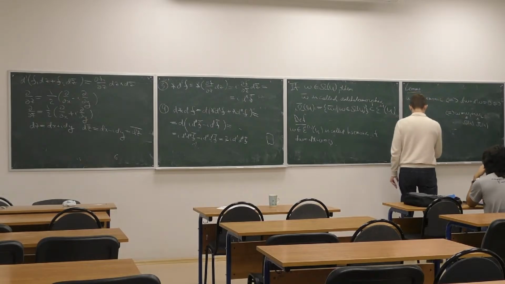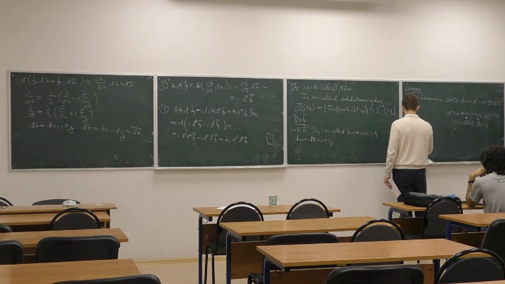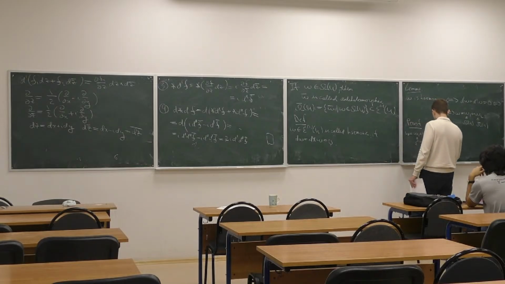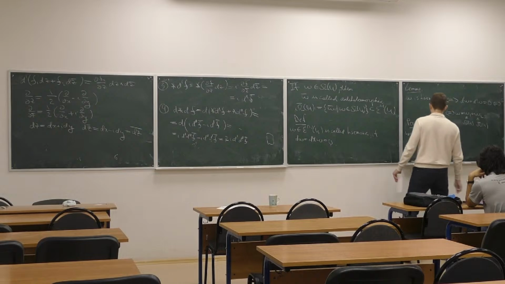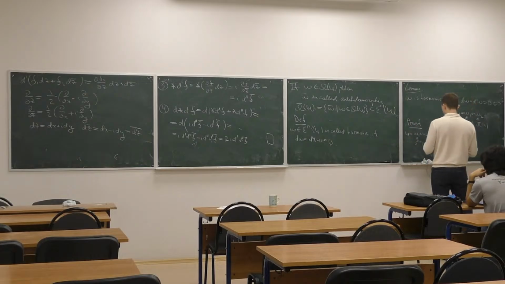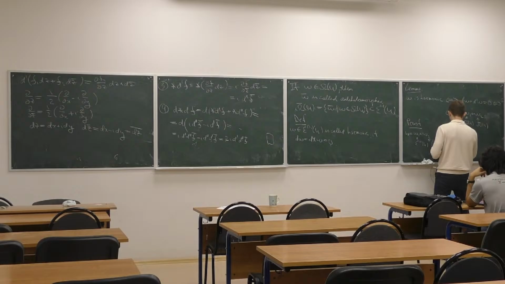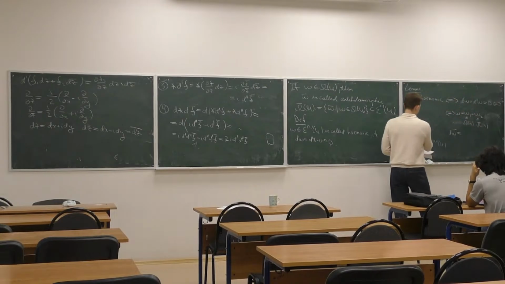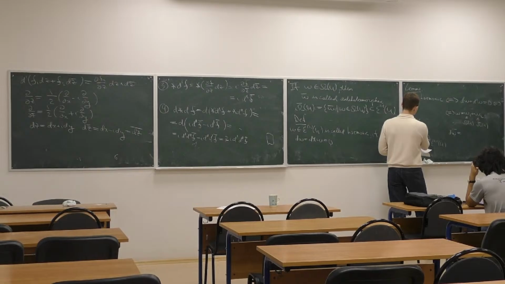So you just check. You write omega, where this is a form of type 1,0 and this is a form of type 0,1. Then d omega is equal to, if you want to compute d omega, to omega 1 you can apply only d double prime.